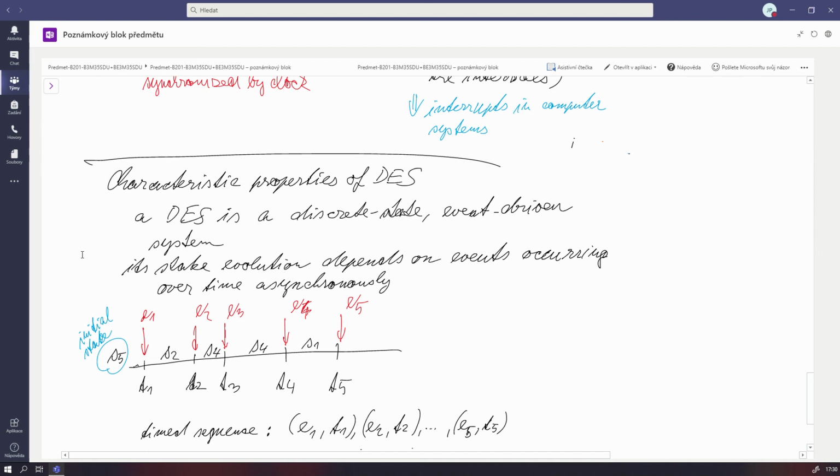If we have a look at the timed sequence that I wrote, E1, T1, E2, T2, and so on, there is a time instance assigned to each of the events. So we can talk about a timed language.